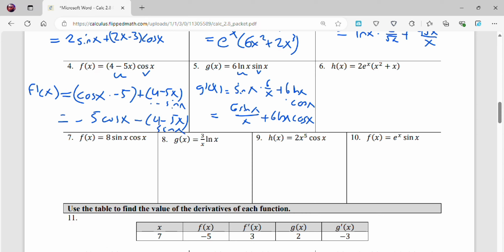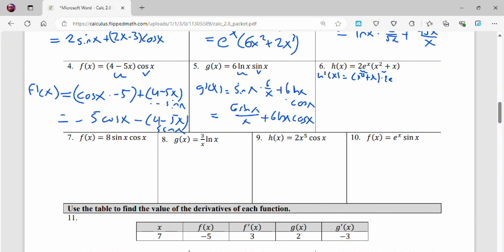H of x equals 2e to the x times x squared plus x. So I'm going to try to write smaller because I'm starting to run out of space. Okay, so this is v, this is u. V times u prime.